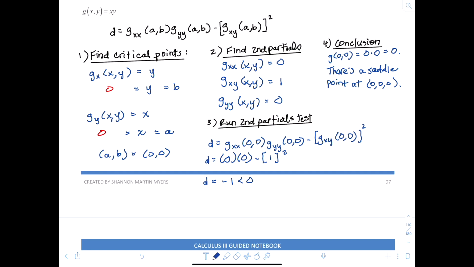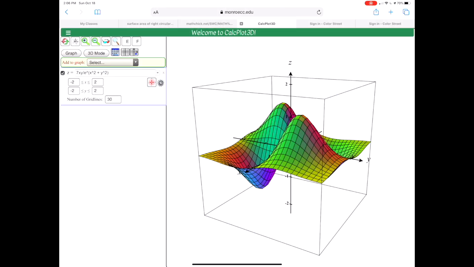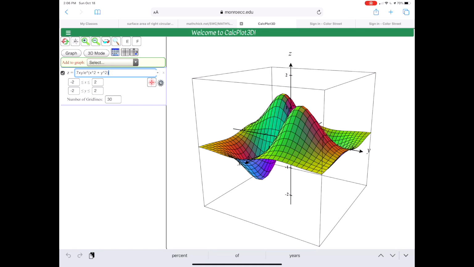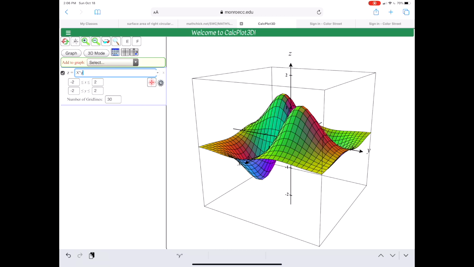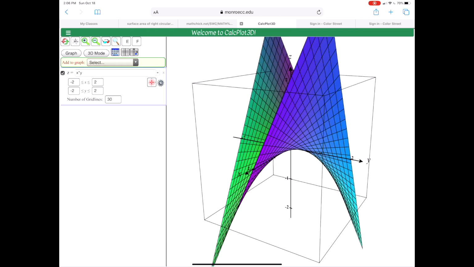Cool, cool? All right, so if I'm going to just call this x times y. I don't want the x capitalized. Okay, so that's what you can start seeing the saddle point.